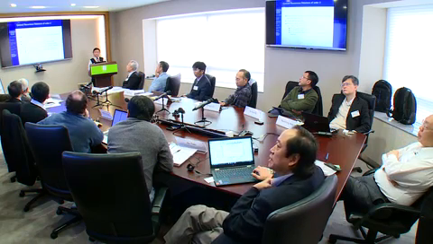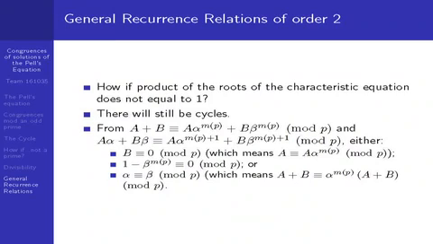So in the above, I actually considered only the general recurrence relations of order 2, where the roots of the characteristic equation alpha and beta multiply and become congruent to 1 mod p. But in general, if this does not hold, alpha and beta may also exist, and m_p will also be there, as the multiplicative order of both, even if they are not multiplicative inverses of each other.